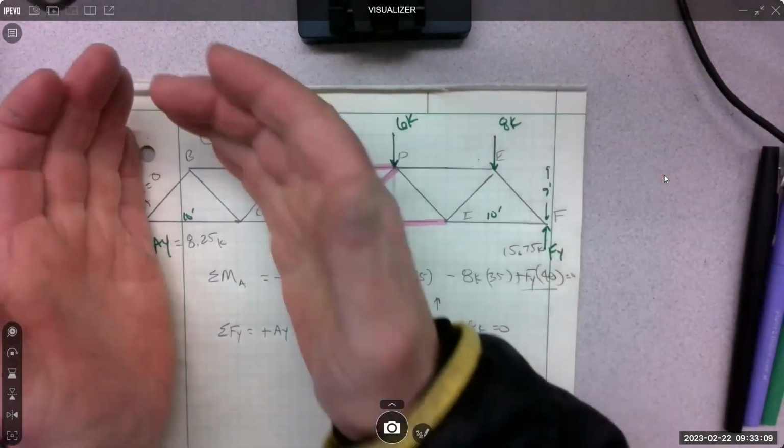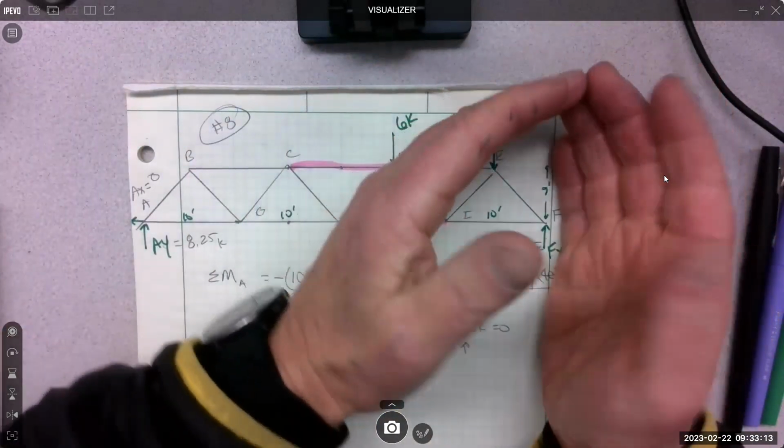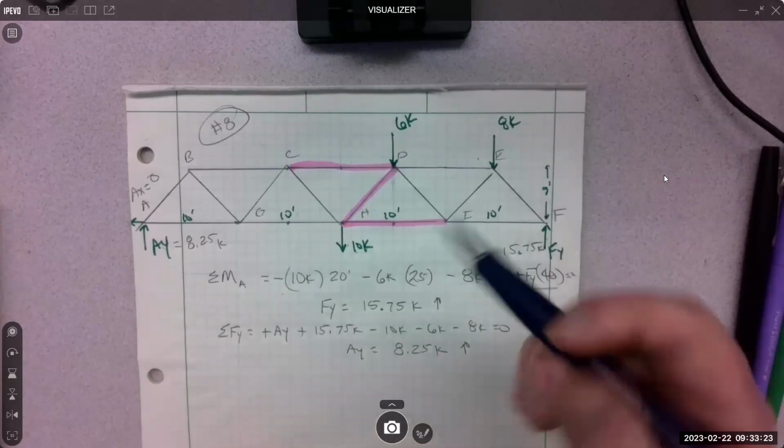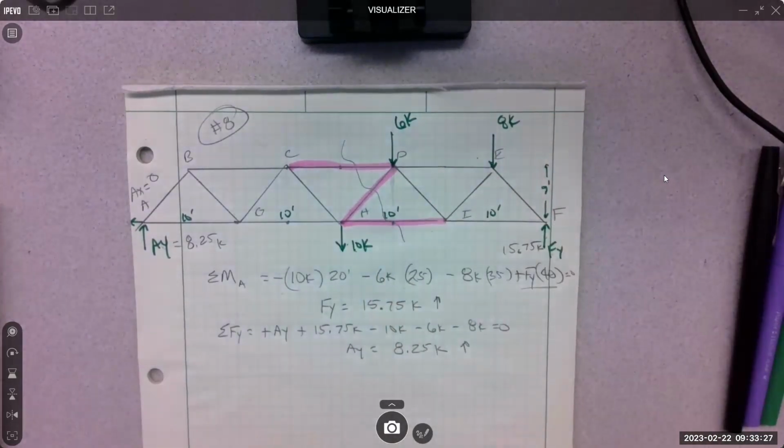This piece, that piece, this piece, all in equilibrium. No matter how I chop this thing up, when I redraw it, it'll be in equilibrium. That's the rule. So when they give you those three, you're looking to draw a cut line through the truss. That cut line can only cut through three members.